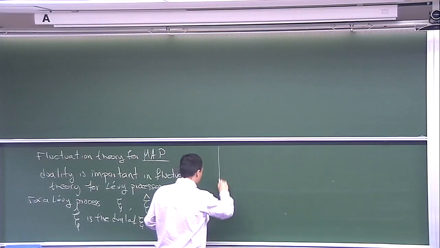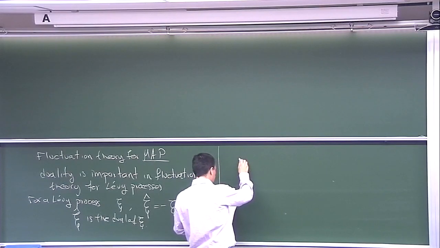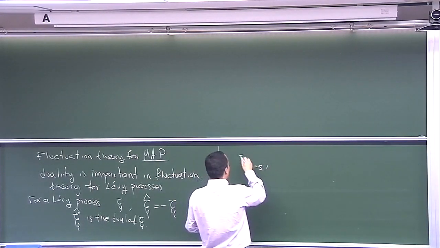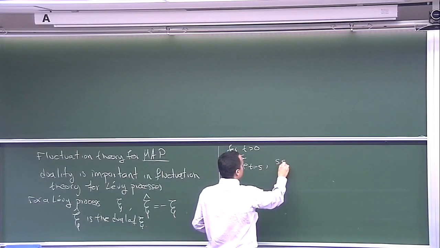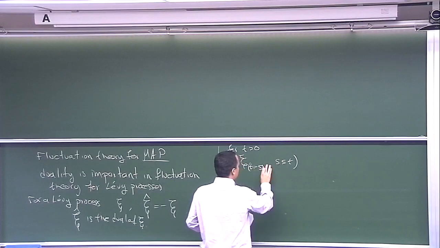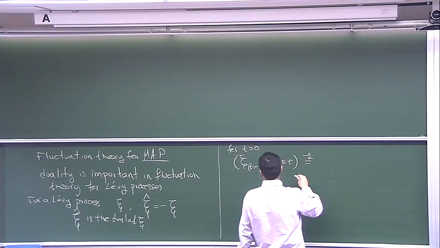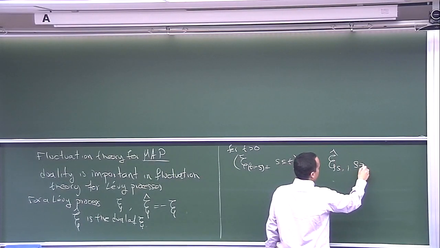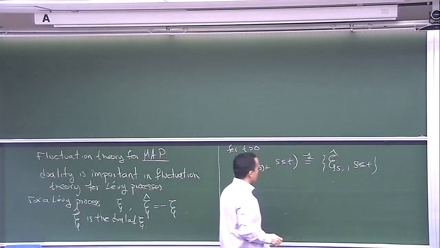For instance, to prove that psi t minus s, for a fixed t, for s smaller or equal than t, has the same law as psi s dual for s more or equal than t.